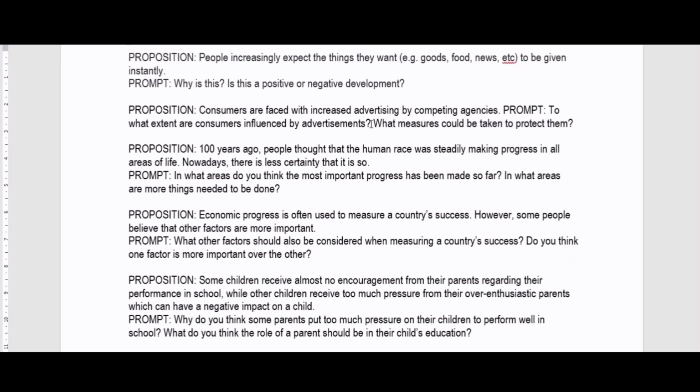So in answer to this first question, you now talk about two sides of the issue. Some people are not influenced, but indeed there are some people who are influenced.